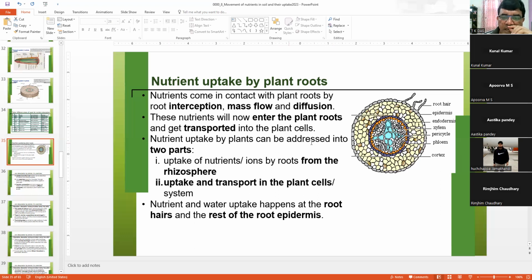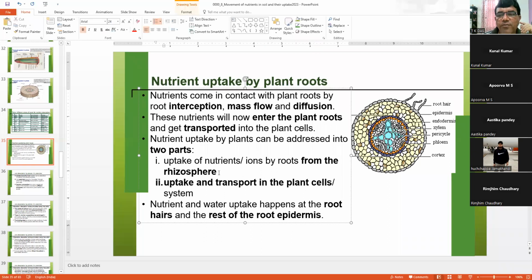Nutrient uptake by plants can be addressed in two parts. One is uptake of nutrient ions by roots from the rhizosphere. The first thing is ingesting them, taking the nutrient inside. And then, when they have been taken inside the root, how they travel to the xylem. These two things are important.